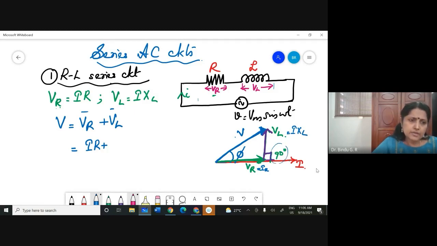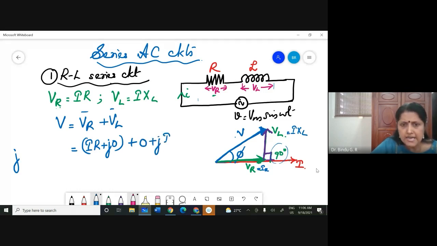I have something known as a J operator. Whenever I see a J coming in, I know there is a shift of 90 degrees. So VR I will write as IR plus J0, plus VL I will write as 0 plus JIXL, to show that IR and IXL are not phasors along the same direction.